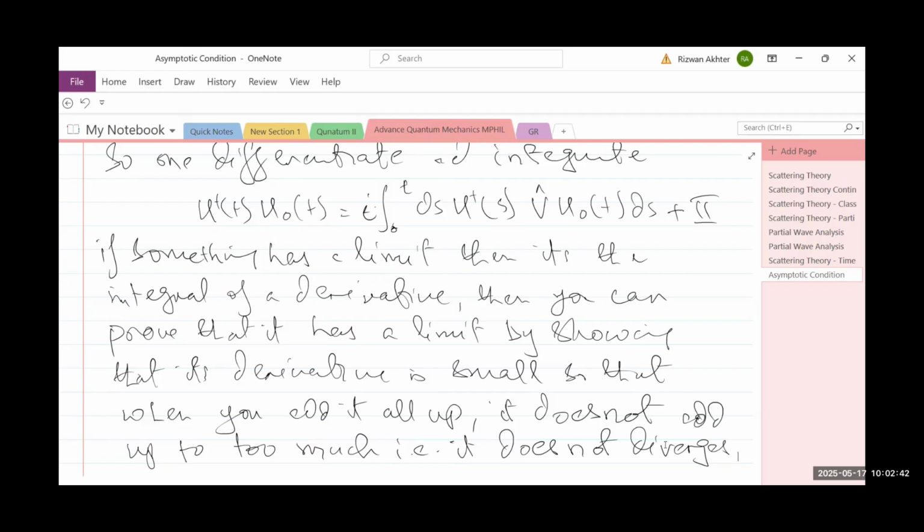So you have a trick here. And what is that trick? You write the product of u dagger and u naught as the integral of its derivative.